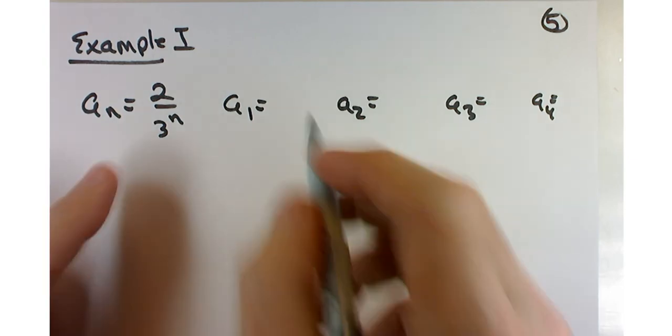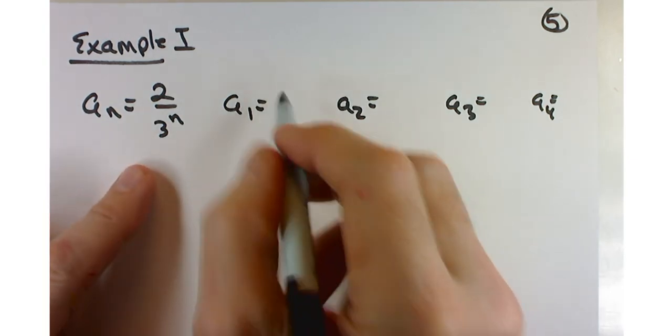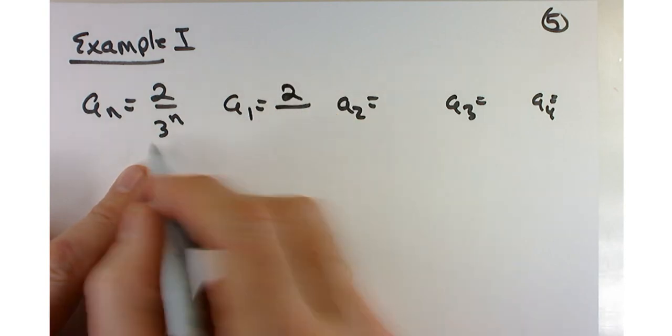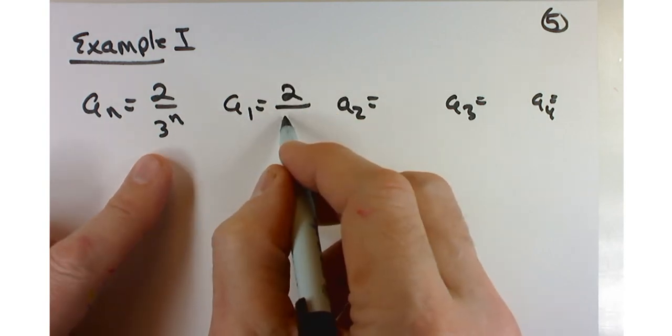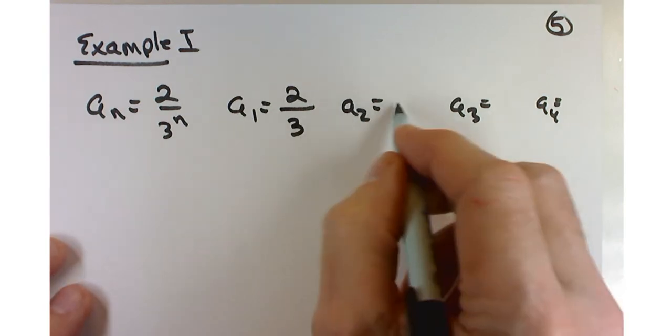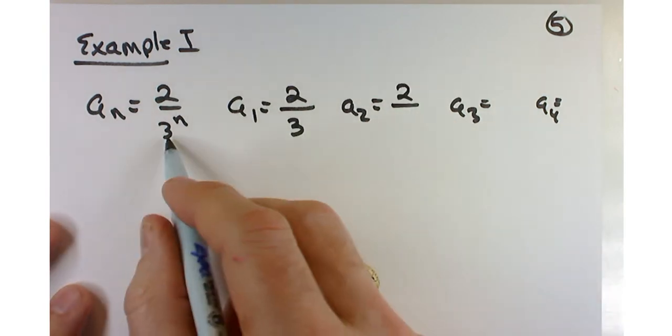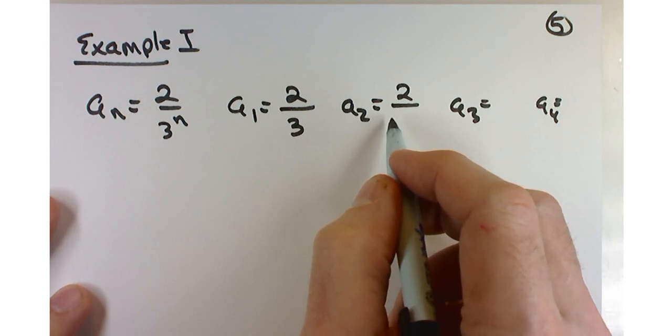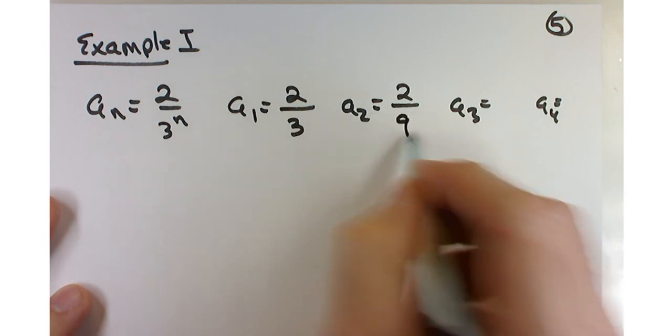Ace, help me out with some of these terms, please. 2 over, well, 3 to the first power would just be 3. And then 2 over 3 to the second power, so 2 over 9.